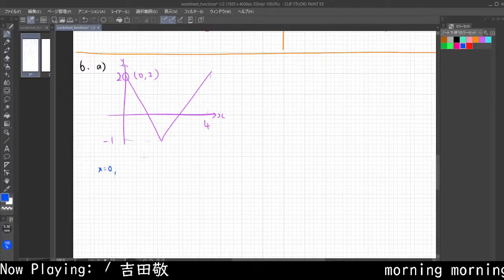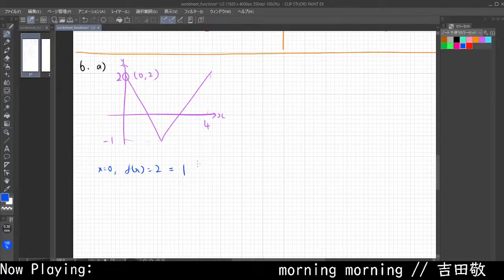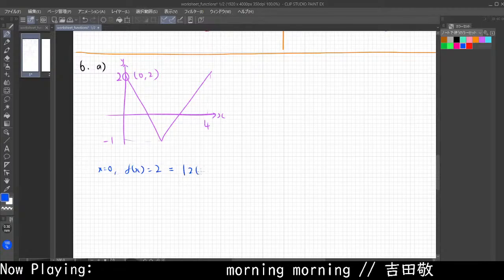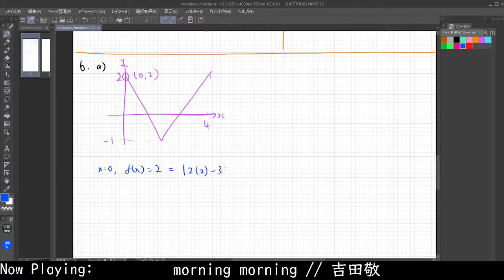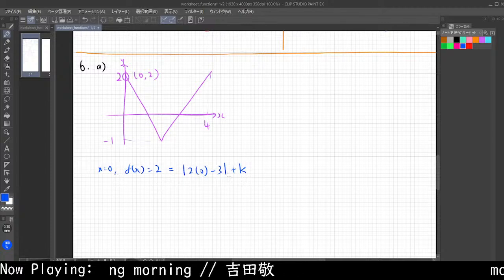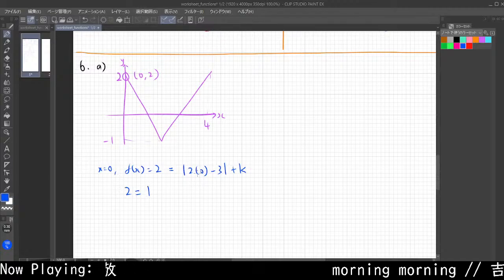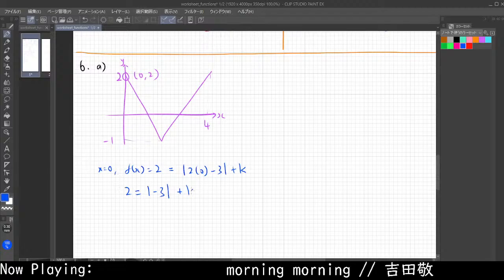x equals 0, f(x) equals 2, which should be equal to 2 times the absolute value of 2(0) minus 3, plus k. Rearrange: 2 will be equal to 2 times the absolute value of 2 times 0 is 0, 0 minus 3 is still minus 3, absolute value of minus 3, plus k.